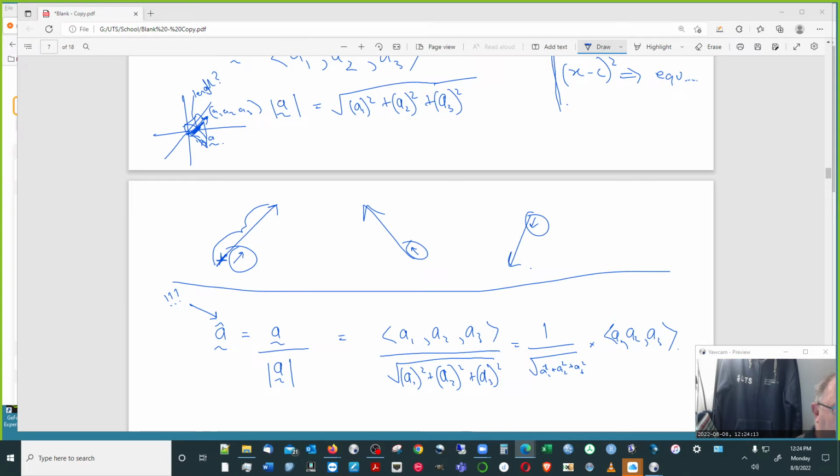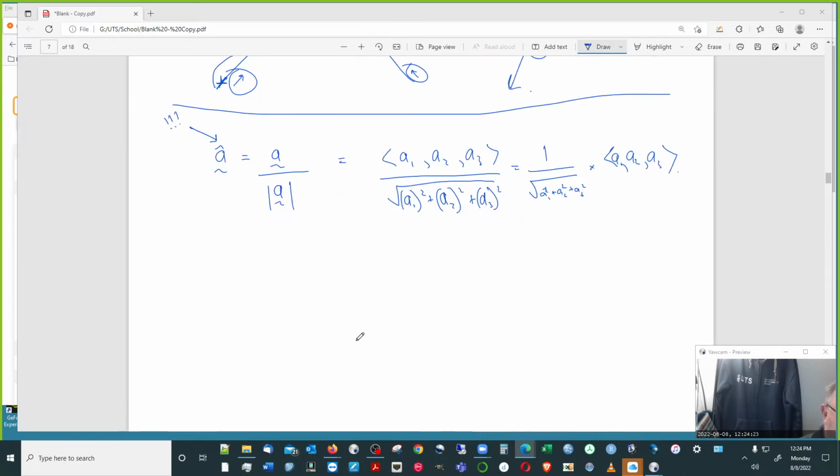All right. So let's have a think now about an interesting point about the magnitude of a vector, and there's something I just want to bring to your attention. I'm just going to do a little side note.